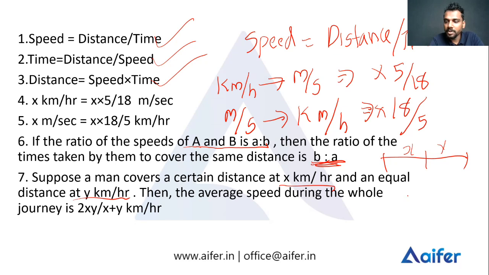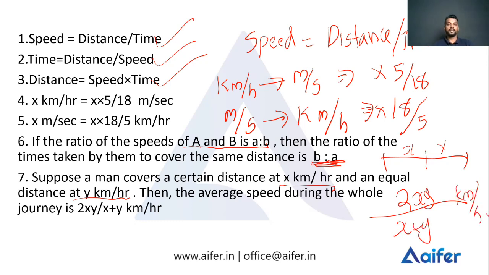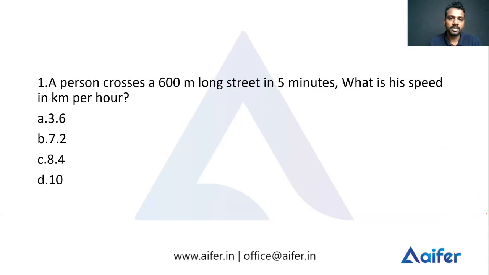Then the average speed will be 2xy by X plus Y kilometer per hour. So that's the basic equation for finding average speed when the same distance is covered at two different speeds.